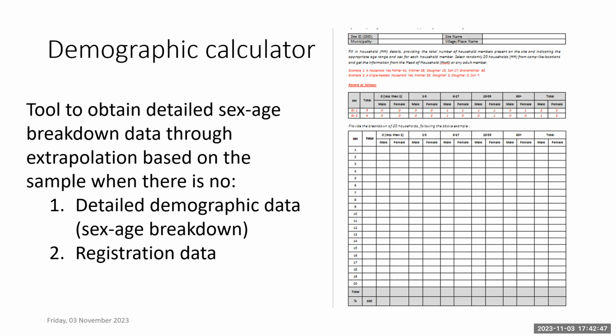You see there is an age segregation, for example, 6 to 7, 5 to 10, 60 years plus, and so on. You are expected to select 20 families within that particular area to do this demographic calculation for.